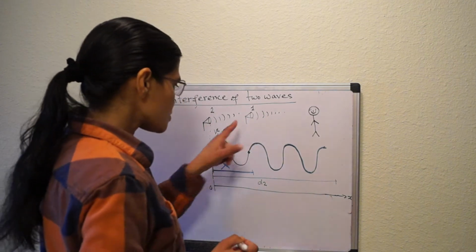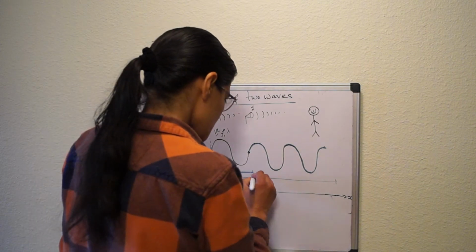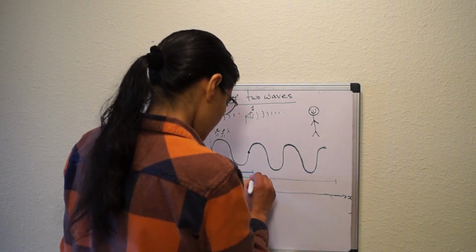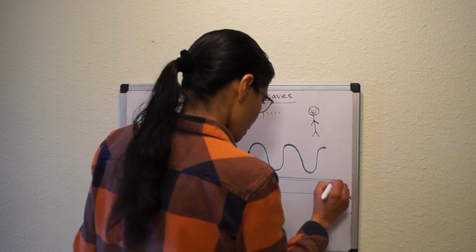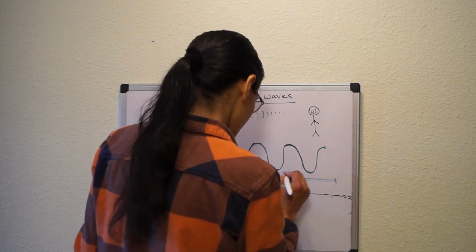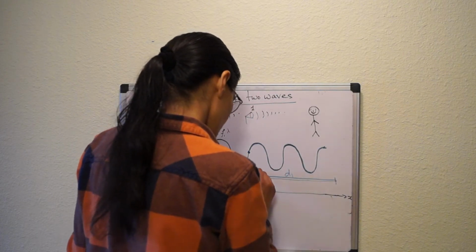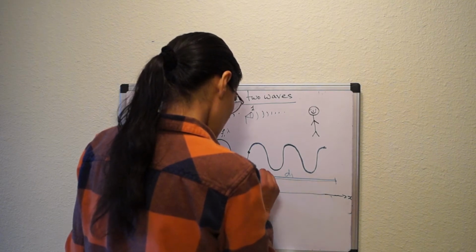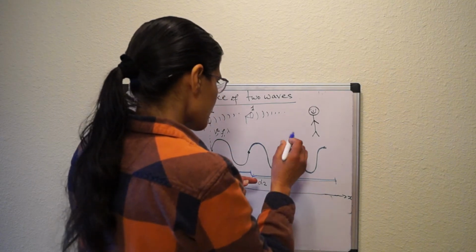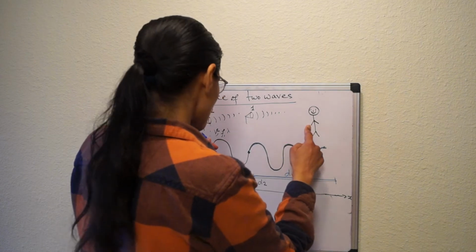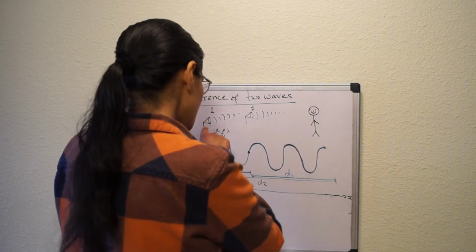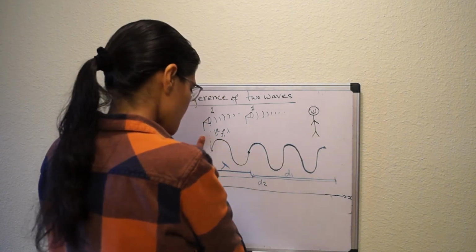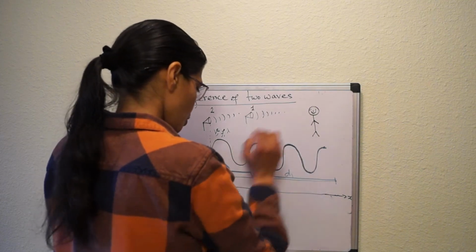So now, let's call the distance from here all the way to the end D1. D1 is the distance of speaker 1 from this point, in this case you, and D2 is the distance of the second speaker from you.